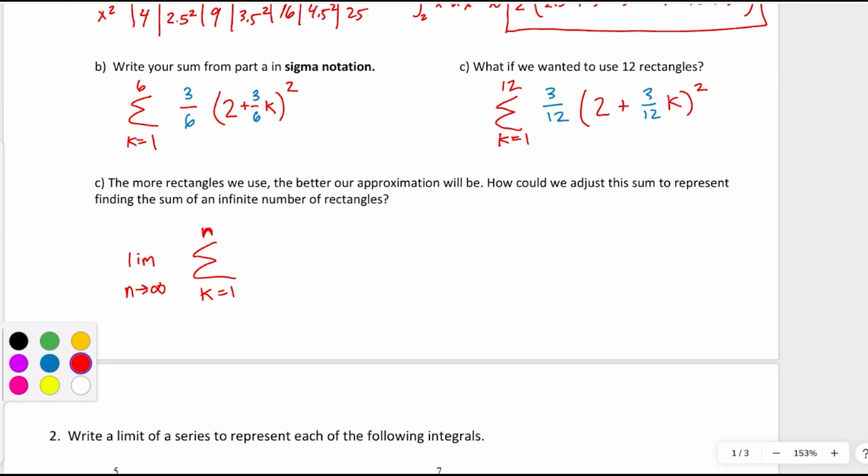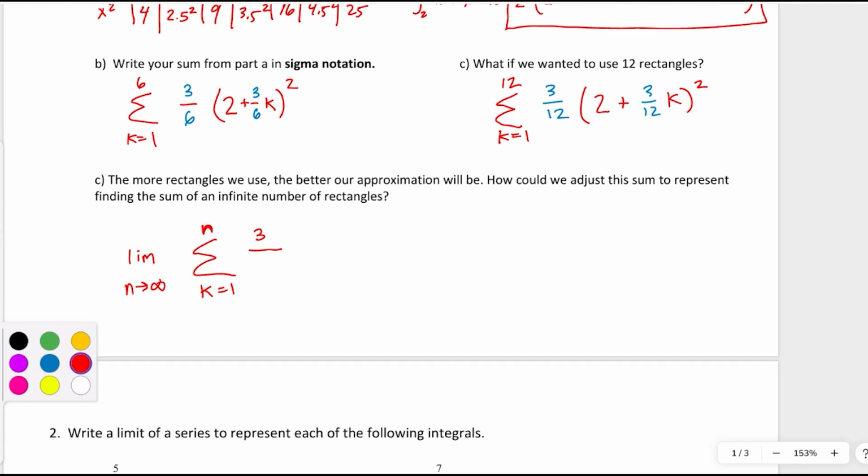Okay, so it's the limit as n approaches infinity of the sum from 1 to infinity. In other words, we're going to add up infinitely many rectangles where the base is 3. That's the original distance from the beginning of the interval to the end of the interval, like 5 minus 2. Divided by, we can't just throw an infinity here.